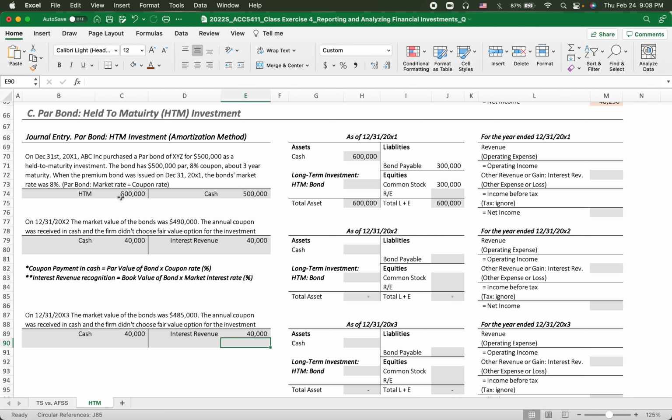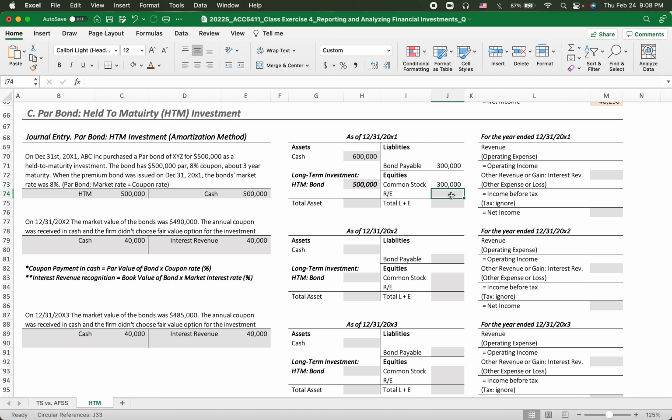Because the cost of this HTM doesn't change. Now it's very simple to update it. There's 500,000.